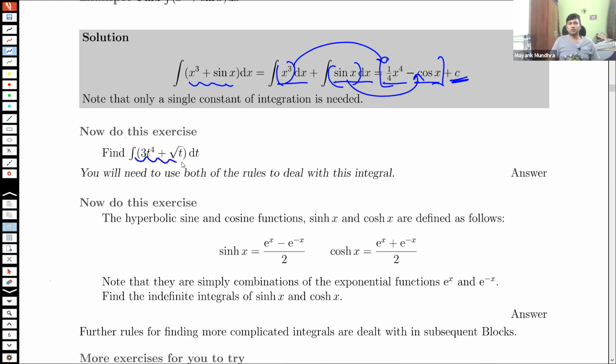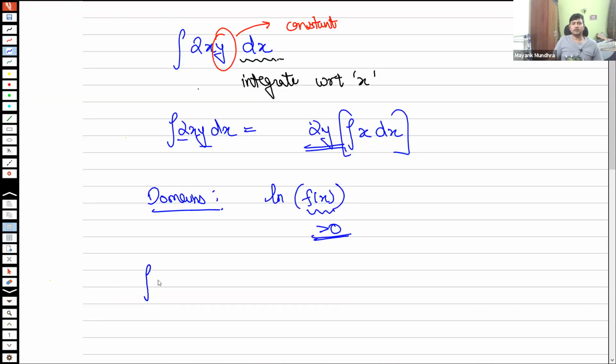So let's do this problem. Integration of 3t to power 4 plus root t with respect to dt. Integrate 3t to power 4 plus root t, which can be written as t to power half, dt.